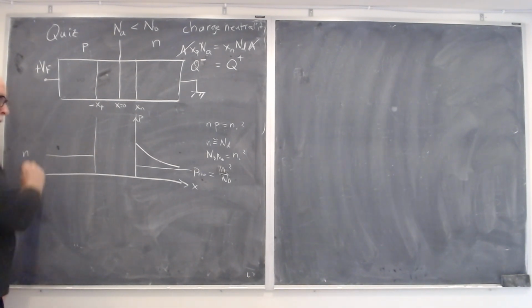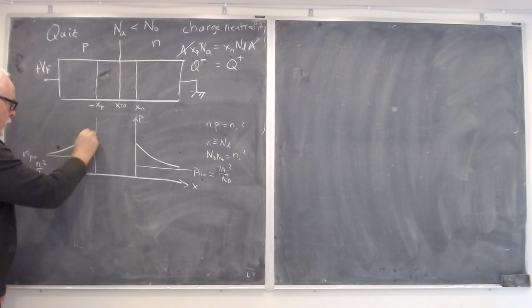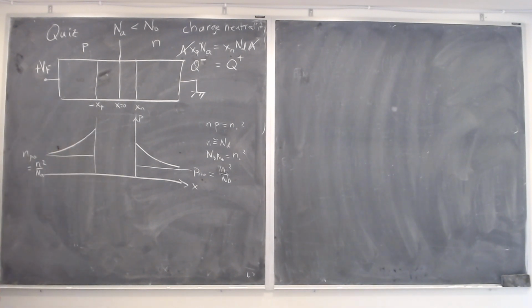I'm trying to flatten myself against the wall here. And Np0 is equal to Ni squared over Na. Okay, so that's basically it. I produced a diagram.